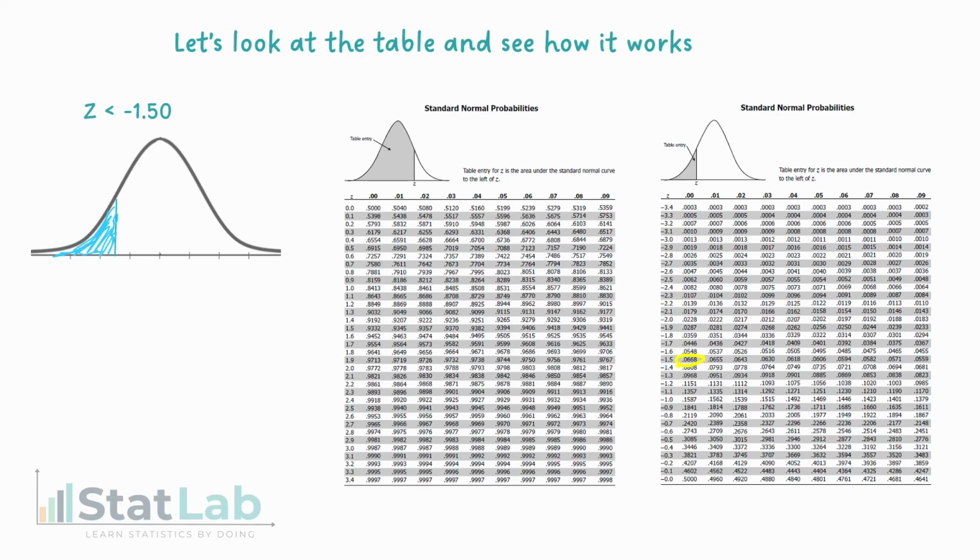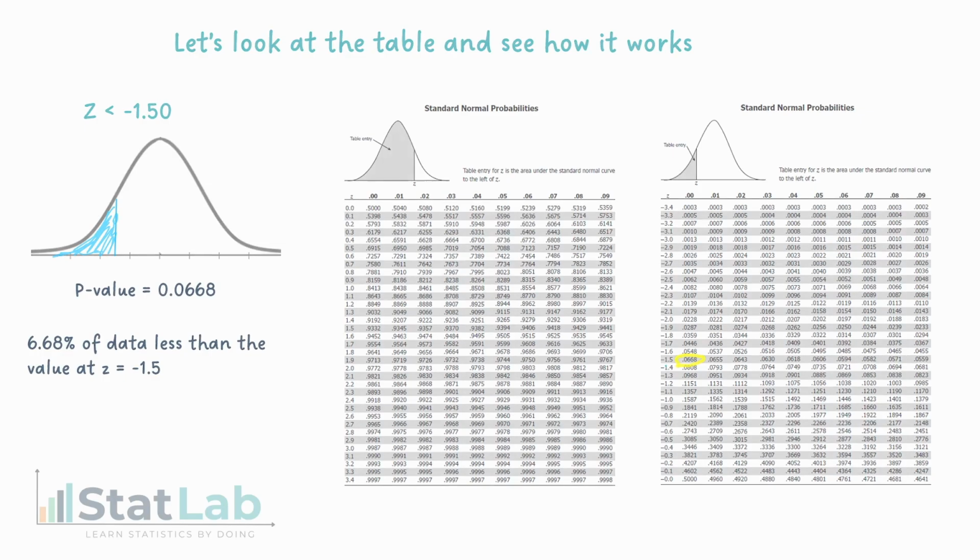So we can see here that we've circled 0.0668. So that is our p-value. And as I said, because we're looking for less than, we keep that value. And that is our answer. 6.68% of data is less than the value at z equals negative 1.5.